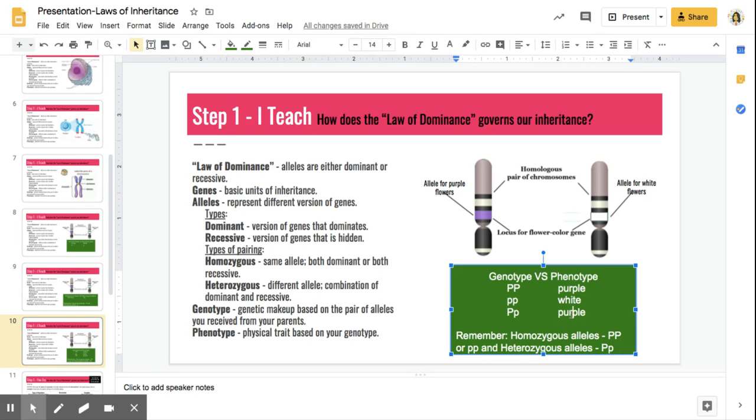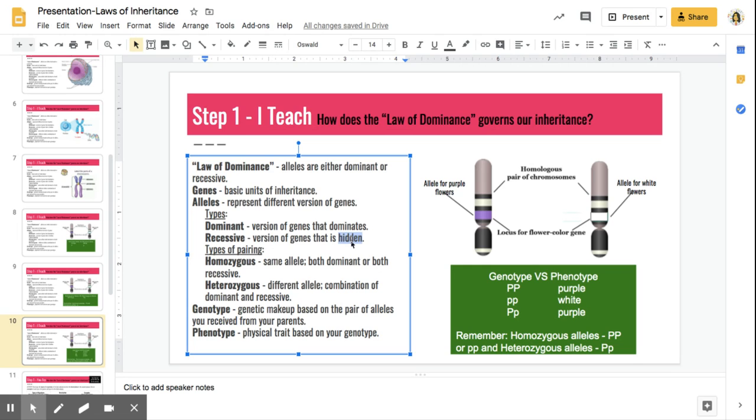Okay? So why did that happen? It's because when you pair up this allele, purple, with this allele, white, this trait is being hidden. Remember, it's recessive, so it's being hidden and dominated by this color.